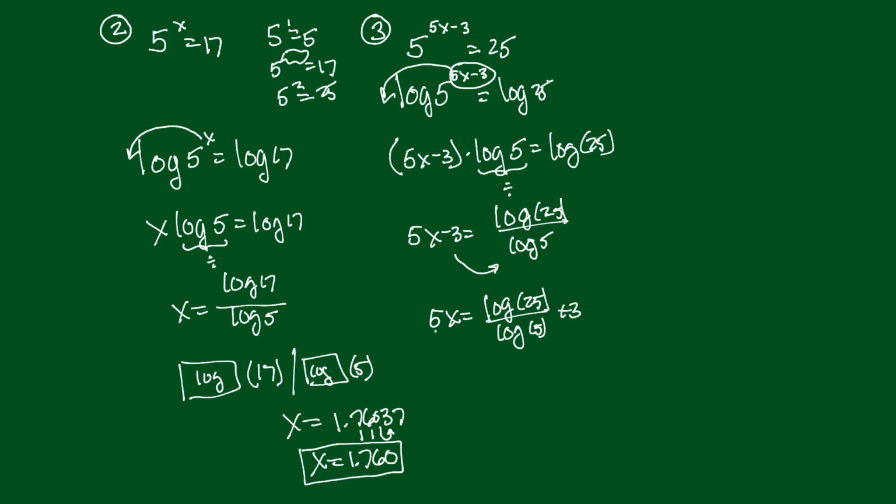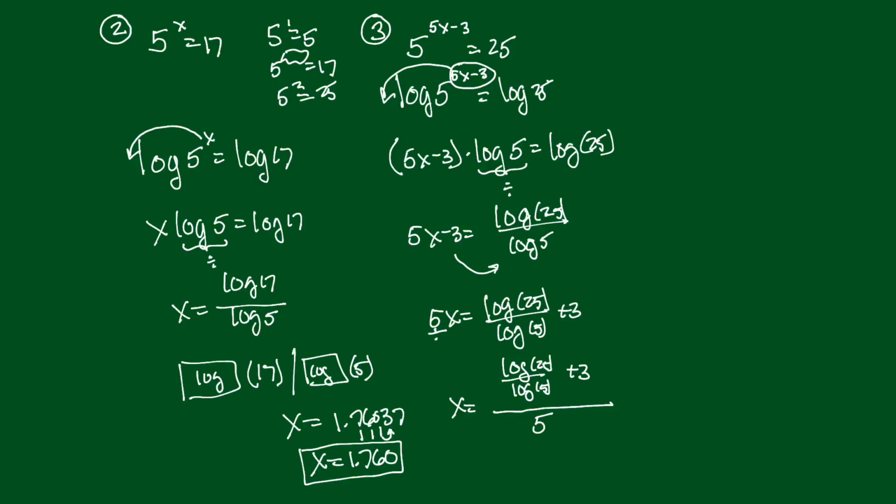Now I'm going to divide the whole thing by that 5, so let's divide by 5. So x is going to be, I have a big fraction here. I've got the log of 25 divided by the log of 5 plus 3 all over 5.